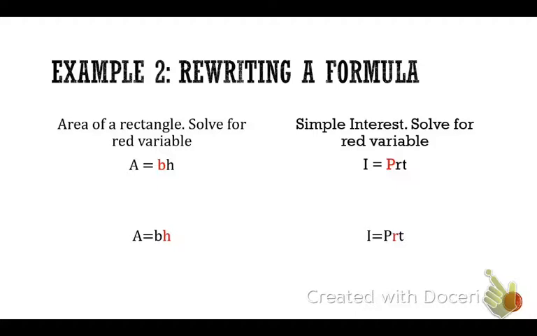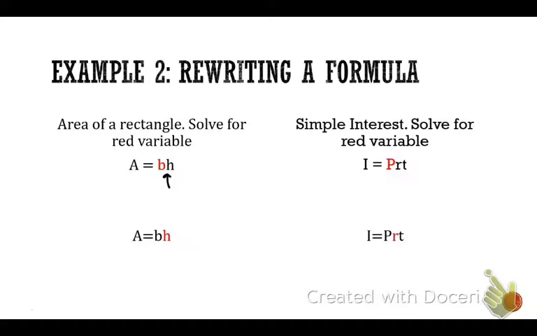For example, if I asked you on the area of a rectangle, if I said, I want you to solve for the base, how would you do that? How could you rewrite this formula where the base is by itself on one side? It all has to do with inverse operations. What operation is connected to the base?